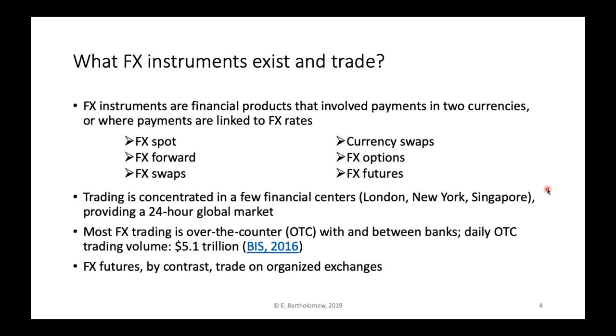Most FX trading is still over the counter with and between banks, like the trade that the illustration we just looked at between the Mexican importer and Citibank. Daily OTC trading volumes are in excess of $5 trillion, according to BIS statistics. In addition to that, there are FX futures, which are traded on organized exchanges in multiple locations.